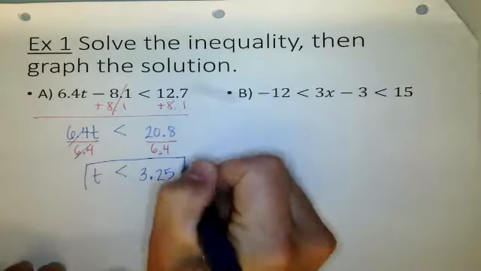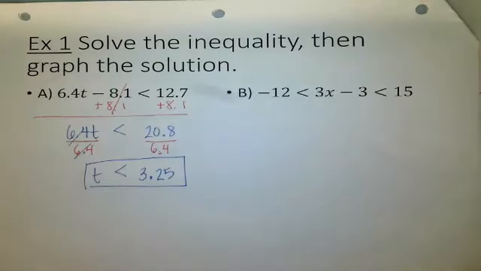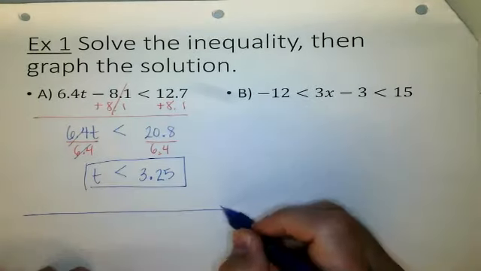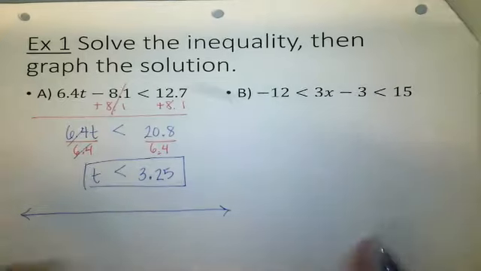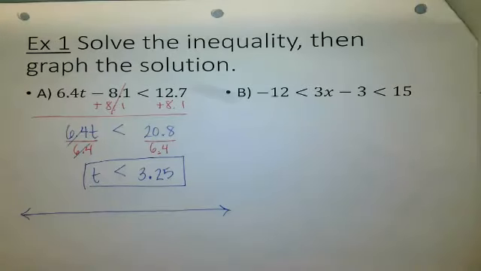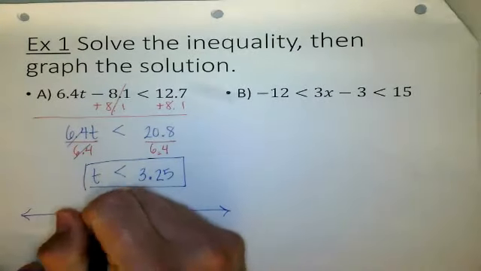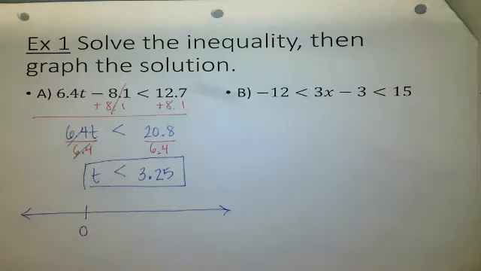So here is our inequality. It says t is less than 3.25. And we want to graph this. So I'm just going to do a horizontal number line. For me, graphing is usually pretty easy. I don't require too much. I do say you need to have a 0 on there. So we're going to mark a 0 on our number line.